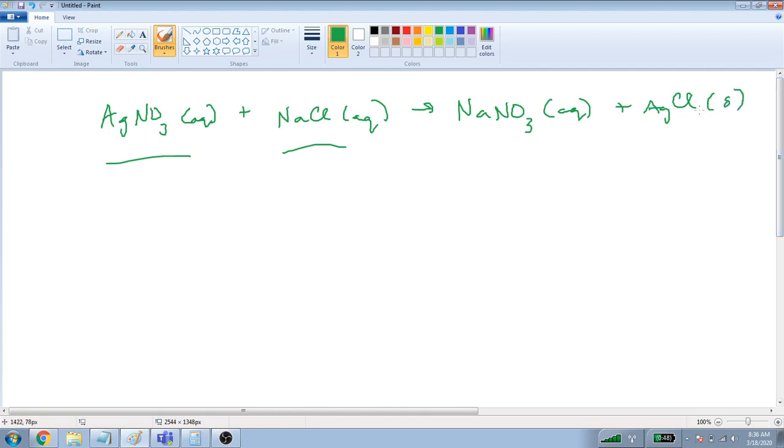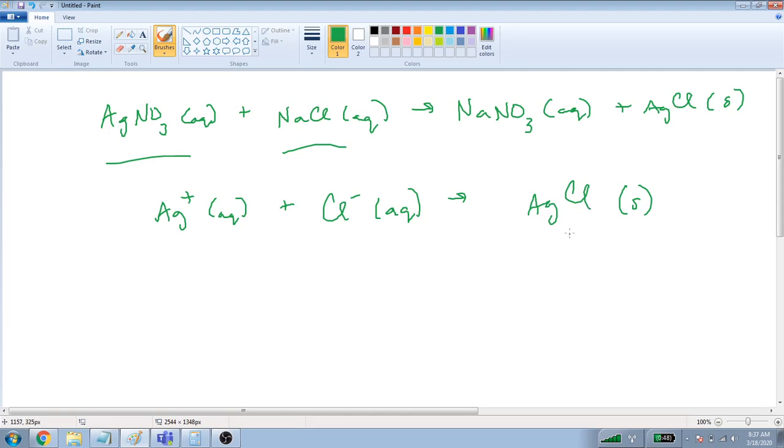Well, that's good news. Now, if I write the net ionic equation for this, removing the spectator ions, what I get is the simplified view of what I need to do in this virtual lab. This is the net ionic equation. So I have some silver ions in the unknown in sample 3, and I'm going to add some chloride ions by adding salt water, and I'm going to get silver chloride solid.